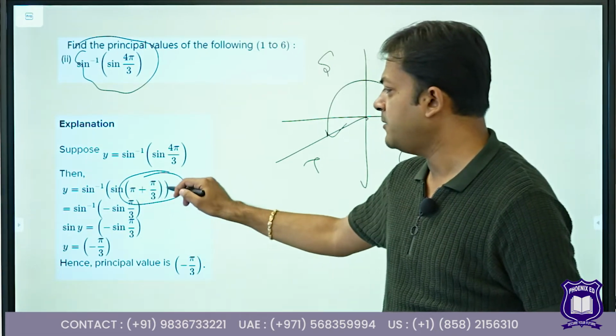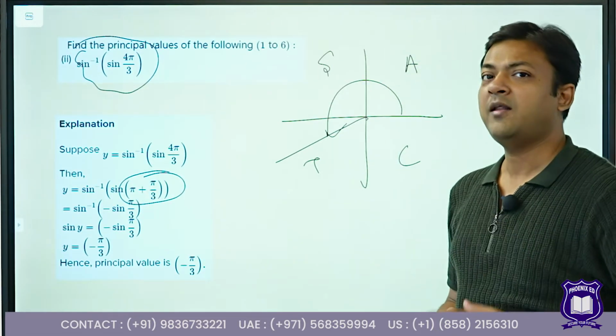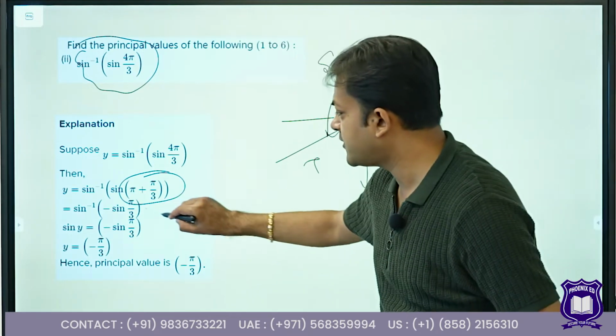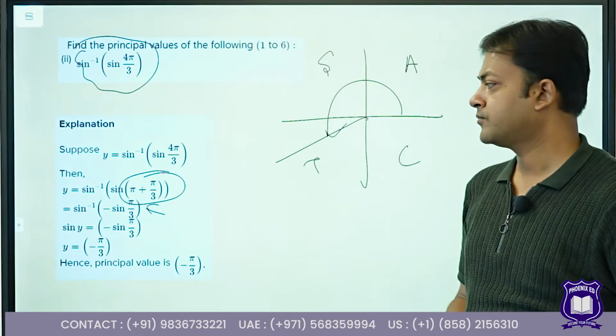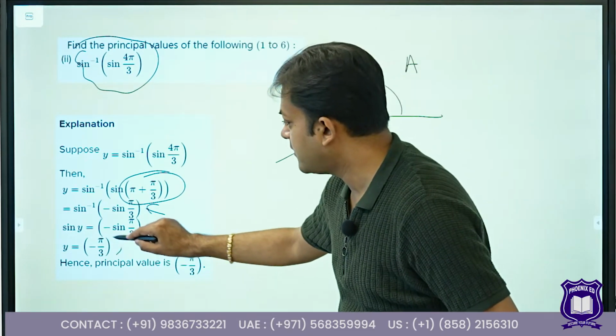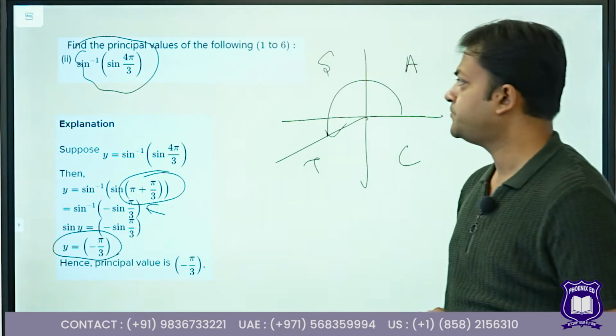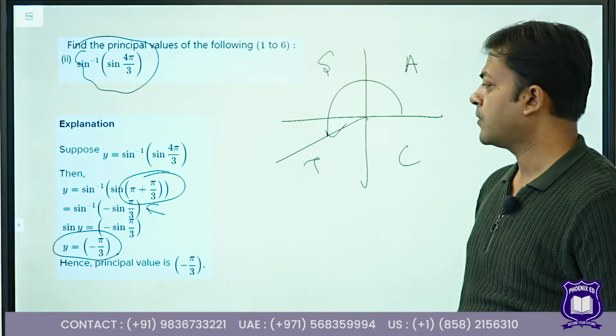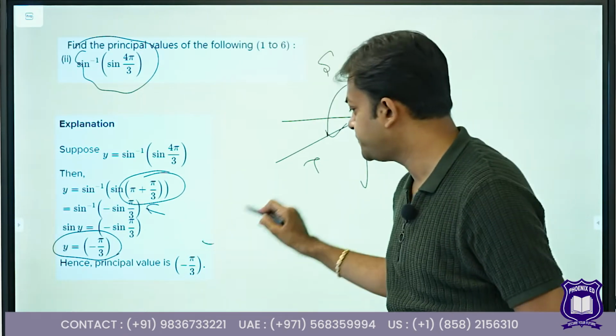So, sine of pi plus pi by 3 would numerically be equal to minus sine pi by 3, which gives us y as minus pi by 3 for our principal value.